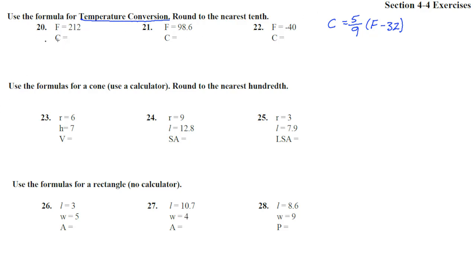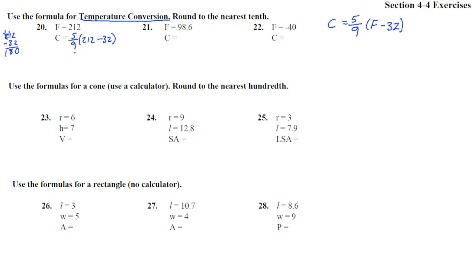So number 20, we get C equals 5/9. Now we stick the 212 in for the F. So that's 212 minus 32. Better do that over here. 212 minus 32 is 180.